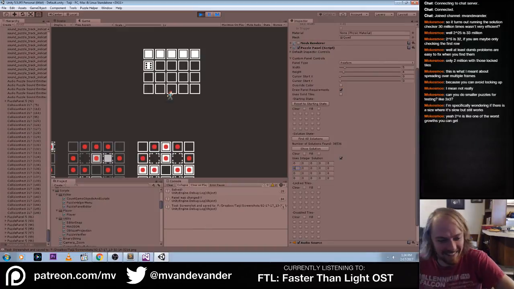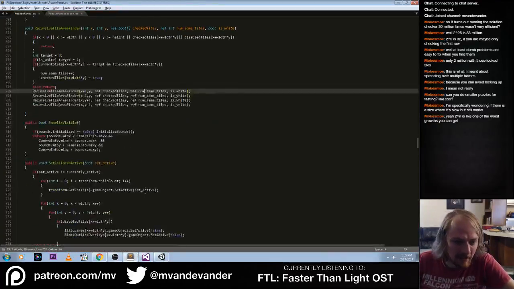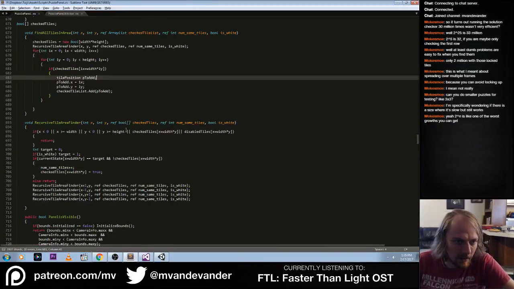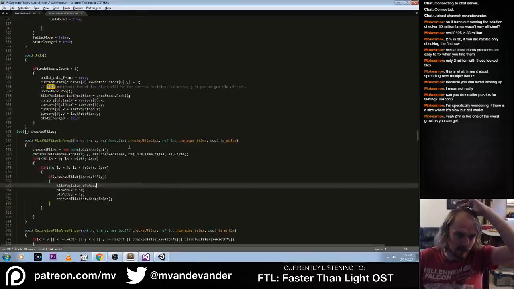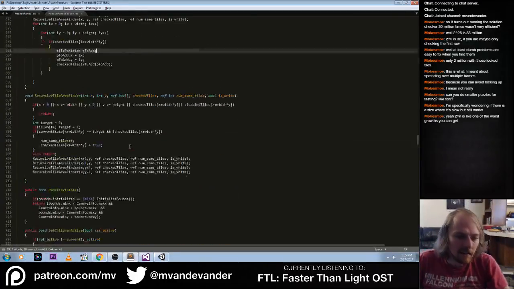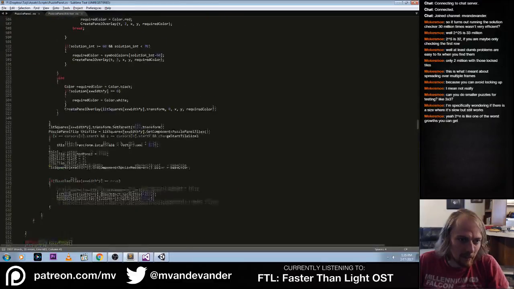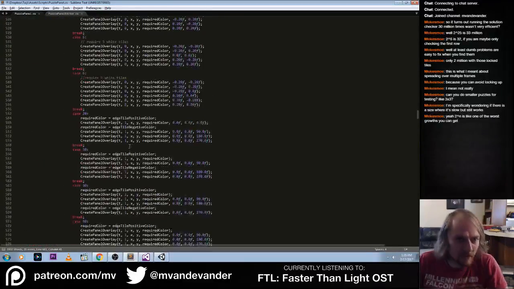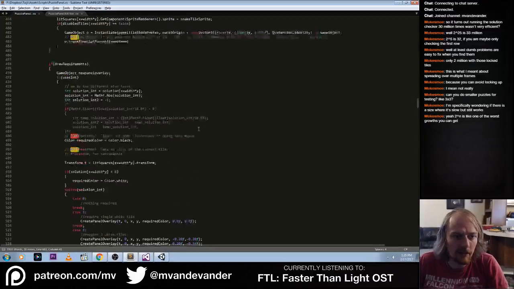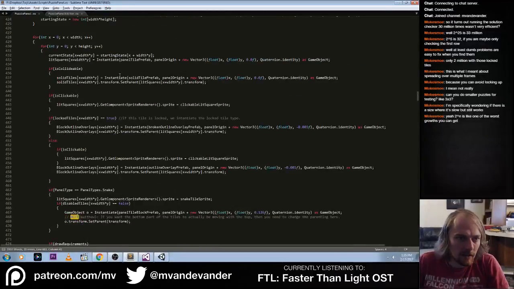I could try capping, I guess, the part where it adds the solutions, because I still haven't done that. Maybe it just will be that, because maybe there's just too many solutions, and so it adds too many things to the array.